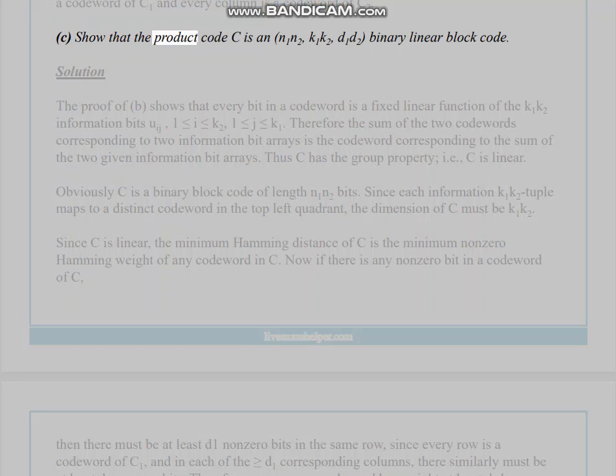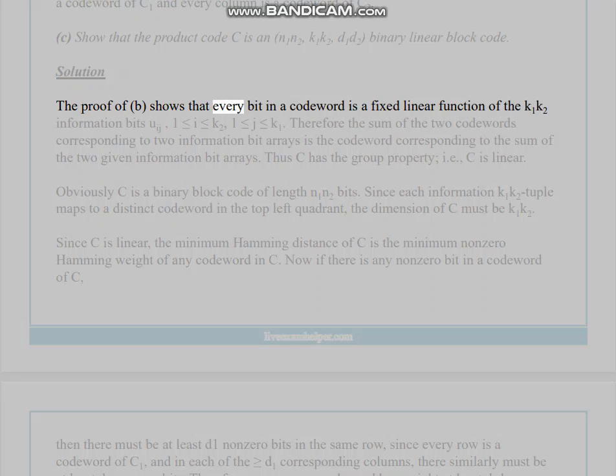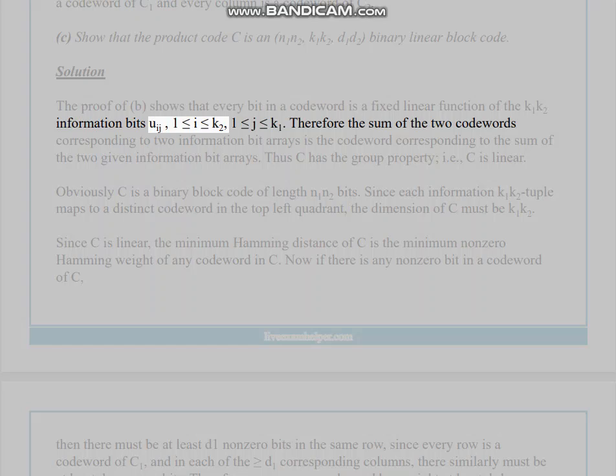C. Show that the product code C is an (n1n2, k1k2, d1d2) binary linear block code. Solution. The proof of B shows that every bit in a codeword is a fixed linear function of the k1k2 information bits u_ij, 1 ≤ i ≤ k2, 1 ≤ j ≤ k1.